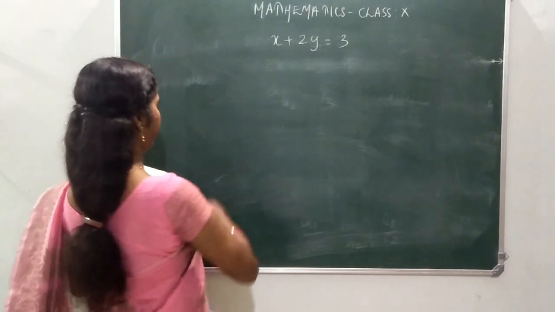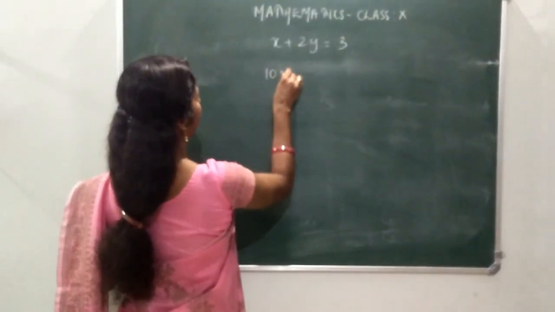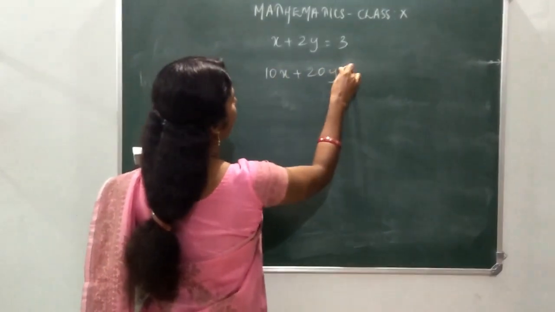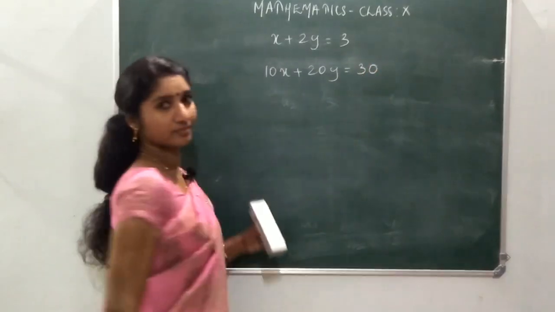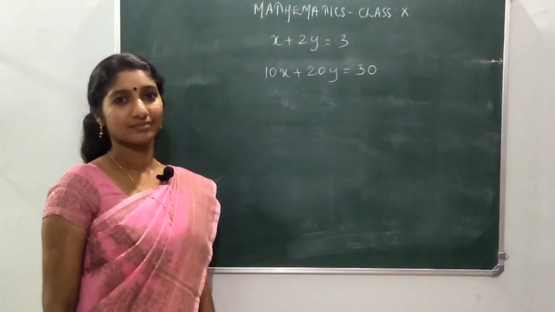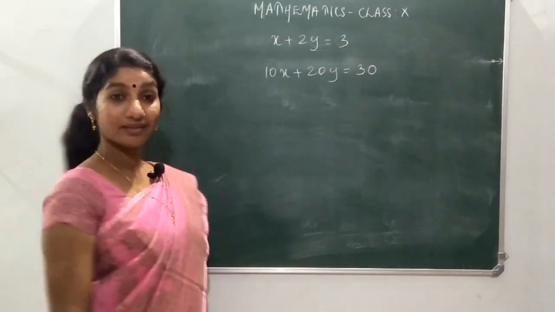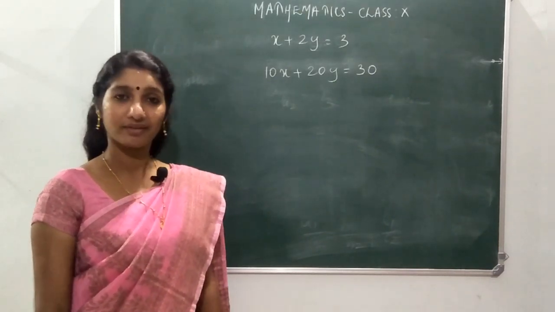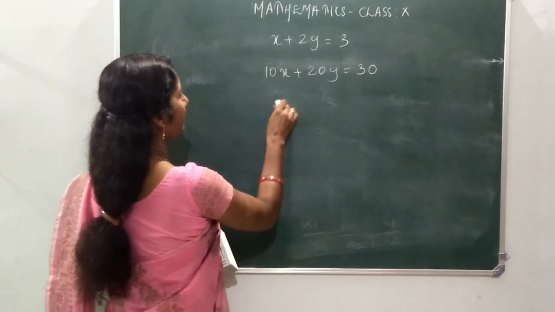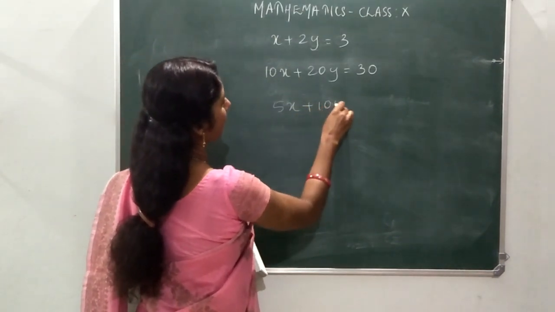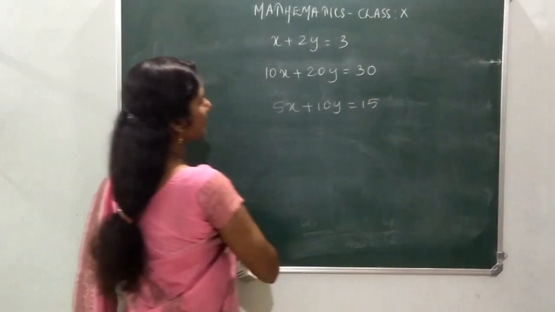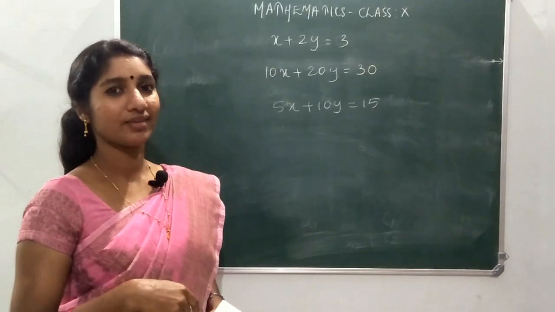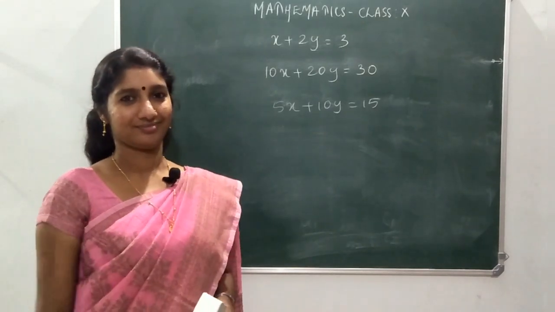Suppose I am multiplying by 10. So we get 10x plus 20y is equal to 30. Another one, we can multiply by 5. So we will get 5x plus 10y equal to 15. So while drawing these four lines, we will get the same straight line.